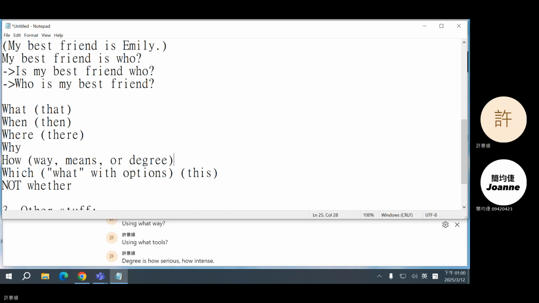So one thing you should probably remember about how is this sentence. How do you feel? You should answer this sentence with an adjective. So you don't say hunger, you say hungry because you need an adjective.